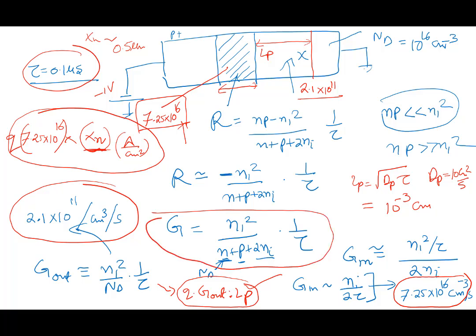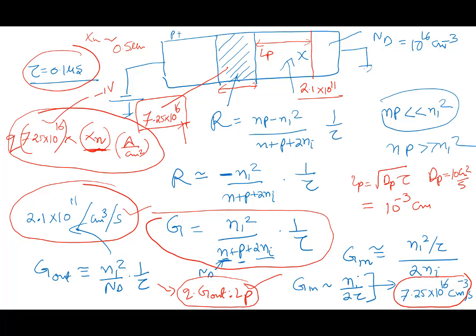Generation rate is very different, much higher here within the depletion region as compared to outside the depletion region. Now you may be wondering, okay, equations are giving this, why is it really happening? Why have you taken NP much less than Ni square?